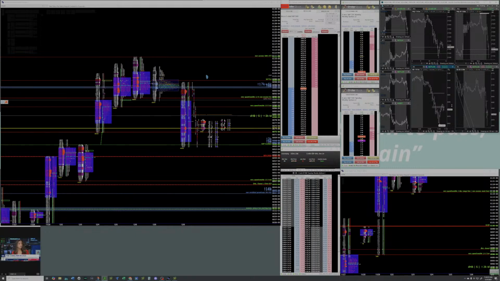Now we have POC. Oh, the Dow doesn't look good. Russell may keep trying to push higher.